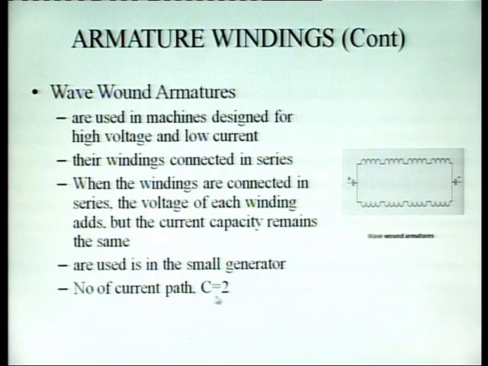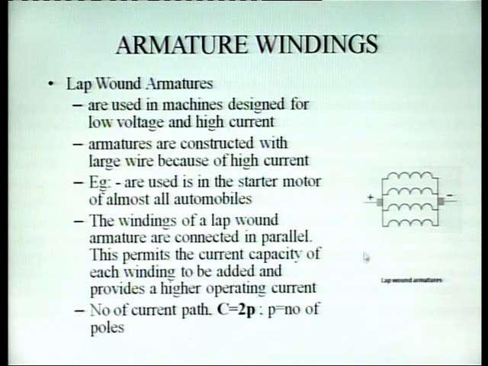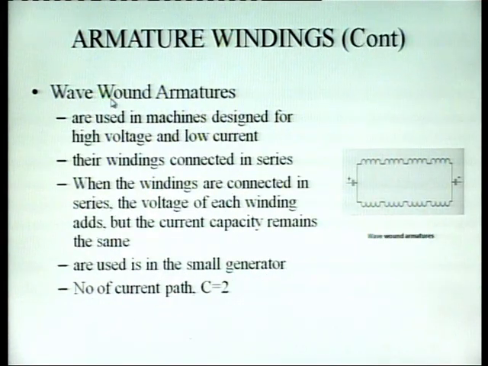Students, always remember: the number of current paths in wave wound is 2 and in lap wound is 2 times the number of poles. C is equal to 2p in lap wound, and in wave wound C is equal to 2.